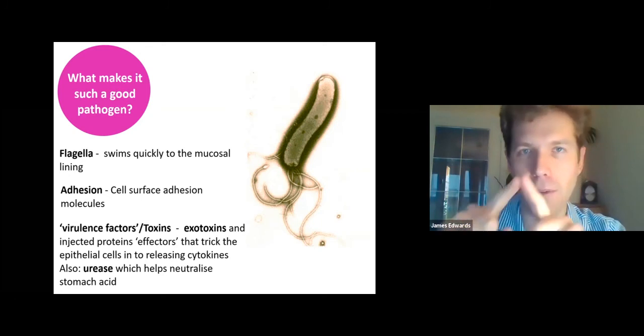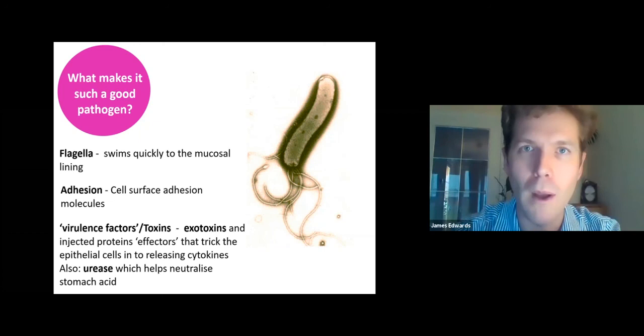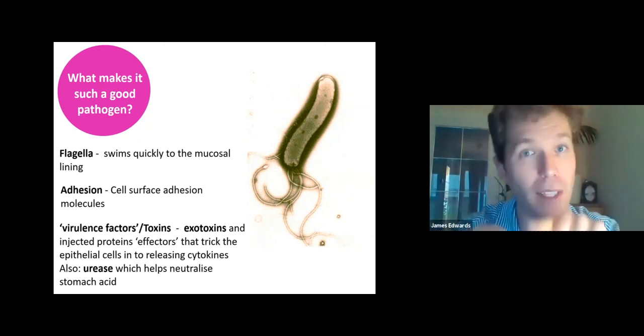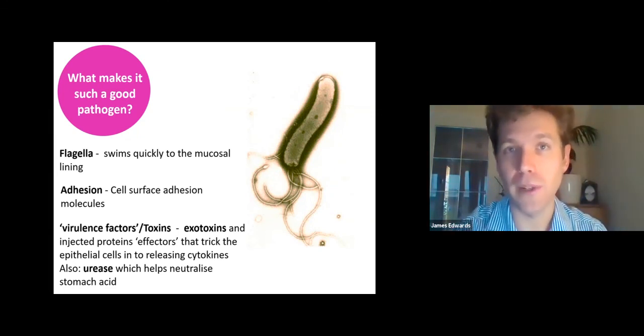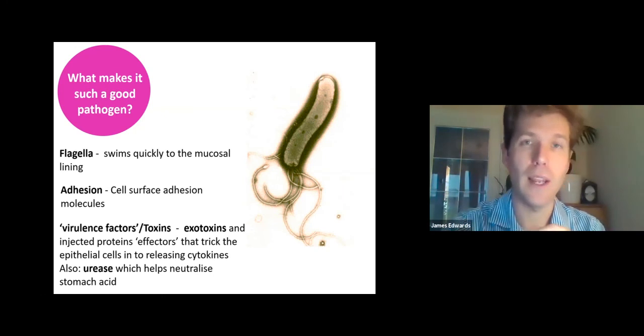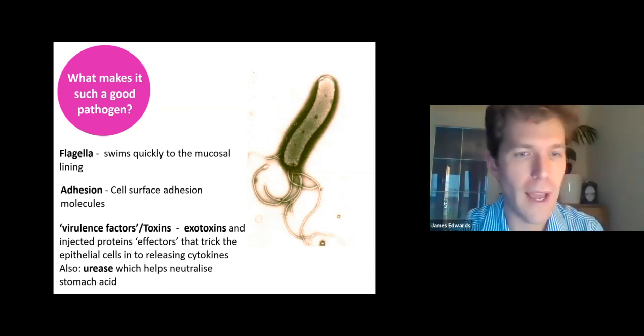Remember that you have a barrier which stops the stomach acid from digesting the rest of your body away. That barrier is a nice convenient home that these cells can live within. It also has adhesive molecules, so again it stays there because it allows itself to stick to the surface of epithelial cells.